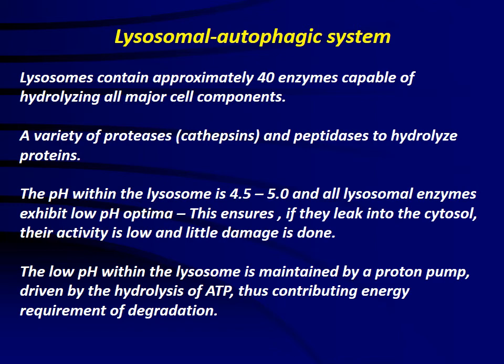This ensures if they leak into the cytosol, their activity is low and little damage is done. The low pH within the lysosome is maintained by a proton pump driven by the hydrolysis of ATP, thus contributing to energy requirements of degradation.